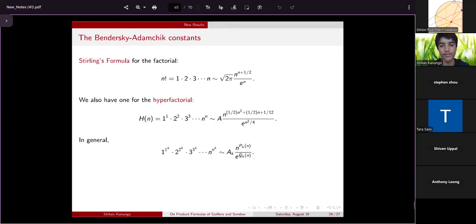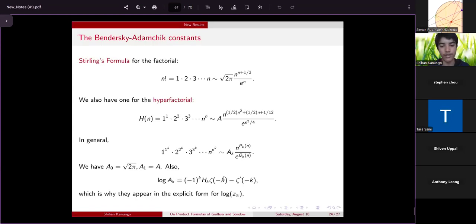And these constants are also very closely related to the zeta function. It turns out that the log of these constants can be expressed in terms of the zeta function and its derivatives. And this is exactly why they appear in that explicit form above.